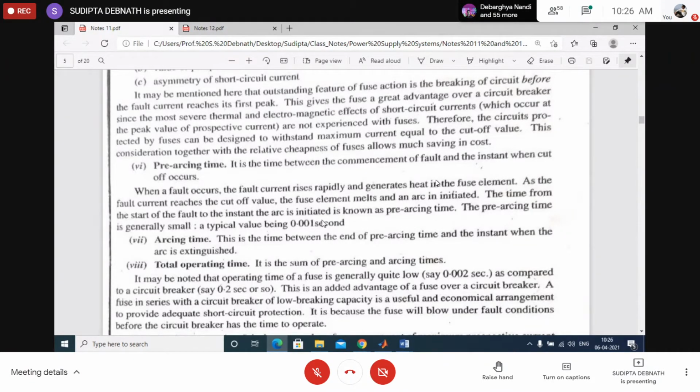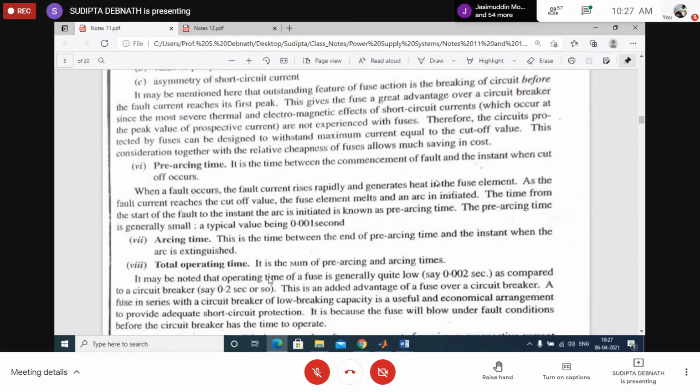See, its value is so small. So we say that as soon as the current reaches the cutoff value, instantaneously the fuse element melts. Okay, but it is not instantaneous. Maybe the time is very small, but some time is required. Then what is arcing time? It is the time between the end of pre-arcing time, that means when the fuse element melts, and the instant when the arc is extinguished.